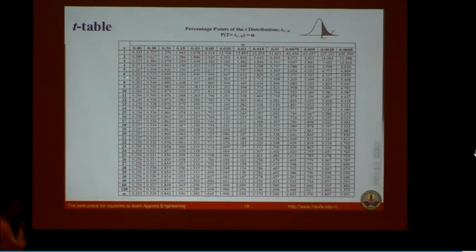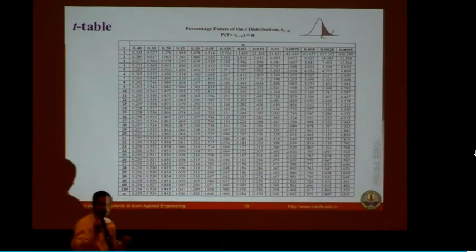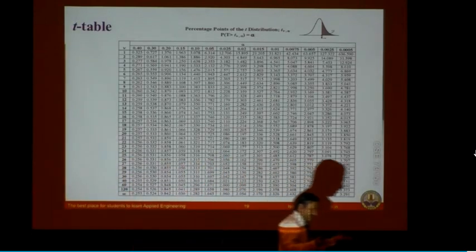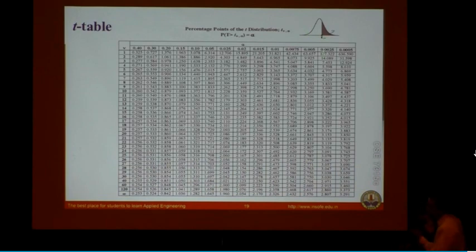But the table, in the z-score, what did we have? This was up to the first decimal of the z-score. This was the second decimal of the z-score. Here, this is the degrees of freedom. This is the significance level, alpha values. In the Z table, this was all the probabilities, the area under the curve. Here, these are all t-scores. Visually, they mean the same thing.